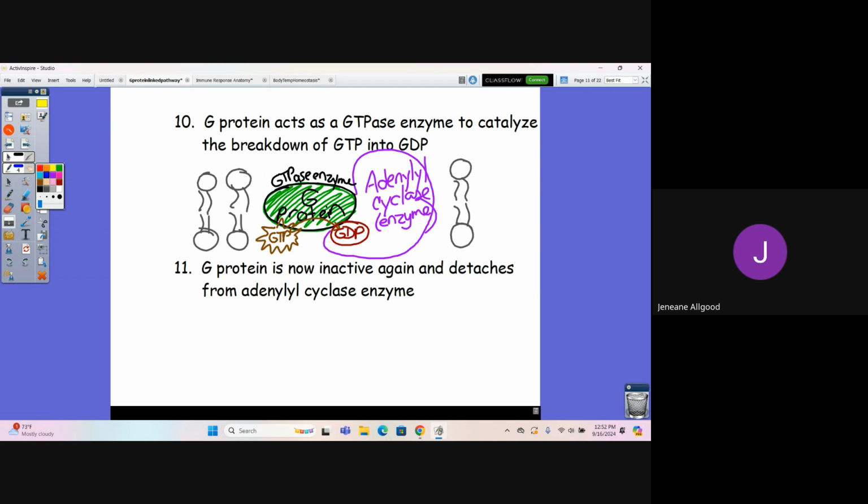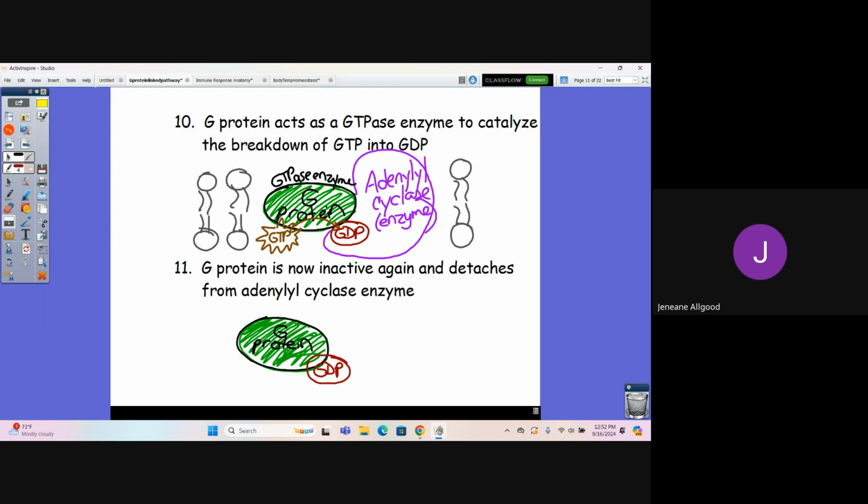Okay, so the G protein is now inactive again, and it's going to detach from adenylyl cyclase. It's going to have its GDP attached and no yellow halo.